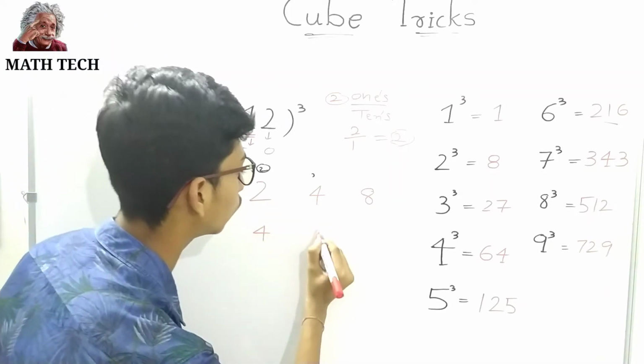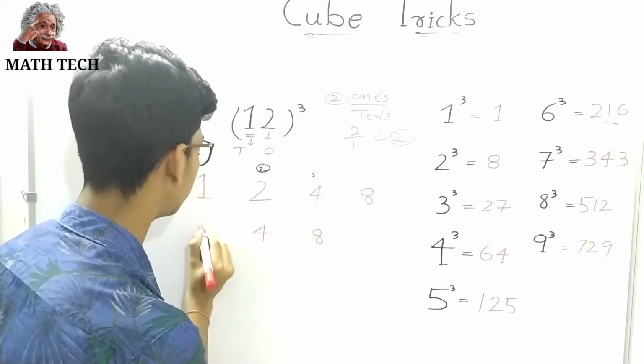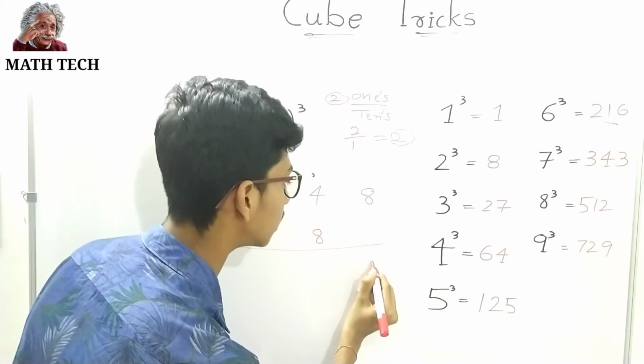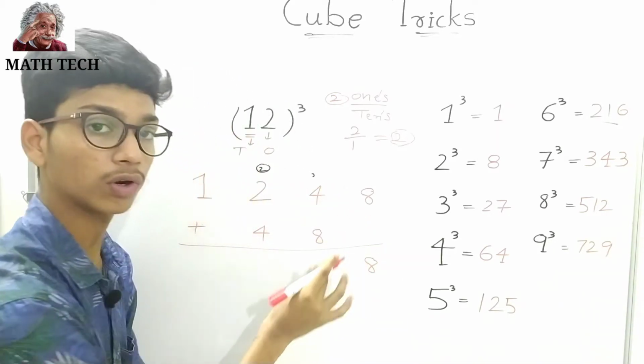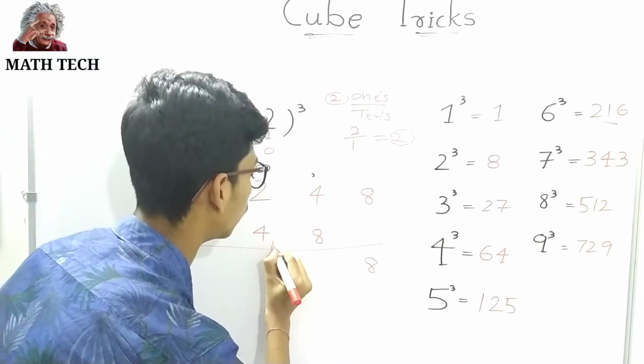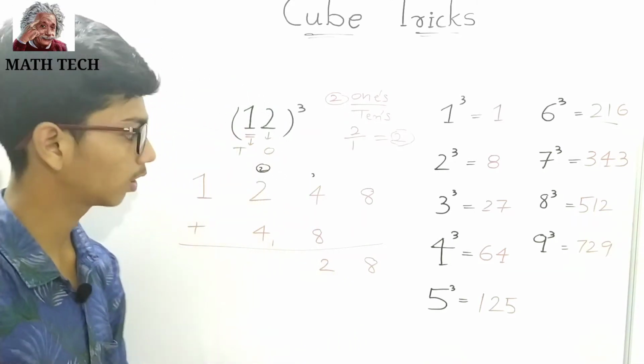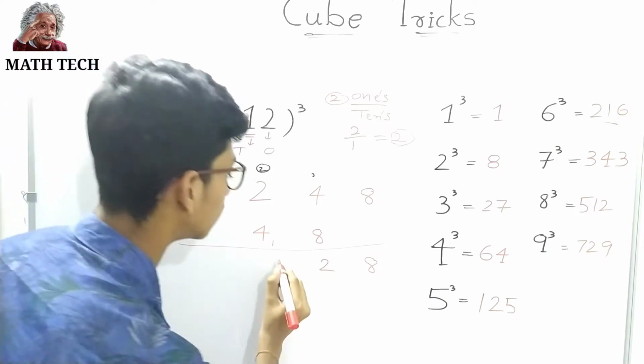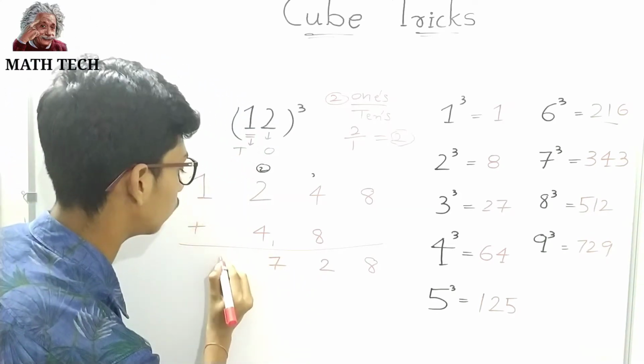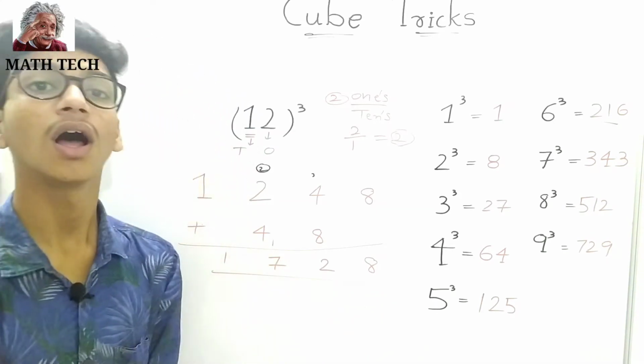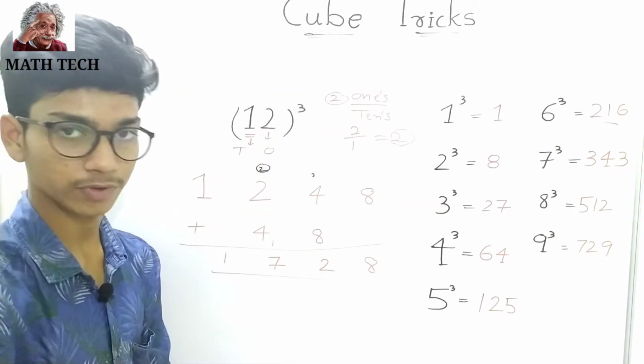The double of 2 is 4 and the double of 4 is 8, and simply add. 1, 8, 4 plus 8 is 12, 2 plus 4 is 6, and 7 and 1 gives 1728, the value of 12 cube.